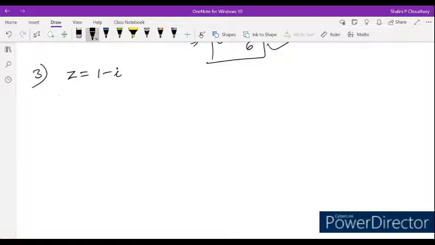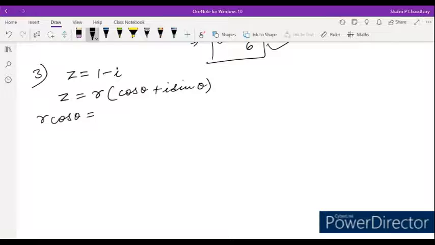So first of all, z should be equal to r cos theta plus i sin theta. We have to convert it into this form. It means r cos theta is equal to 1 and r sin theta will be equal to -1.